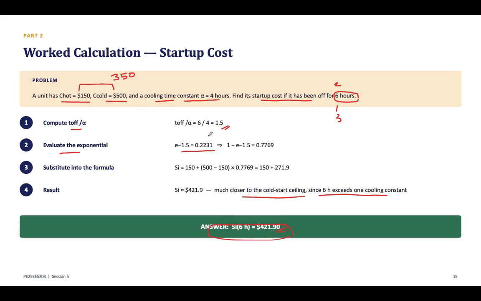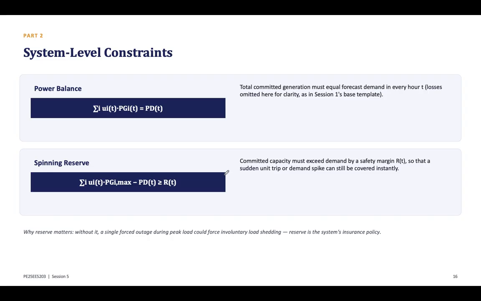This ratio would have changed. That would have changed this. That of course will change this product, and then the entire sequence will be changed. So this is how you can summarize how exactly the cooling time matters in our unit commitment.